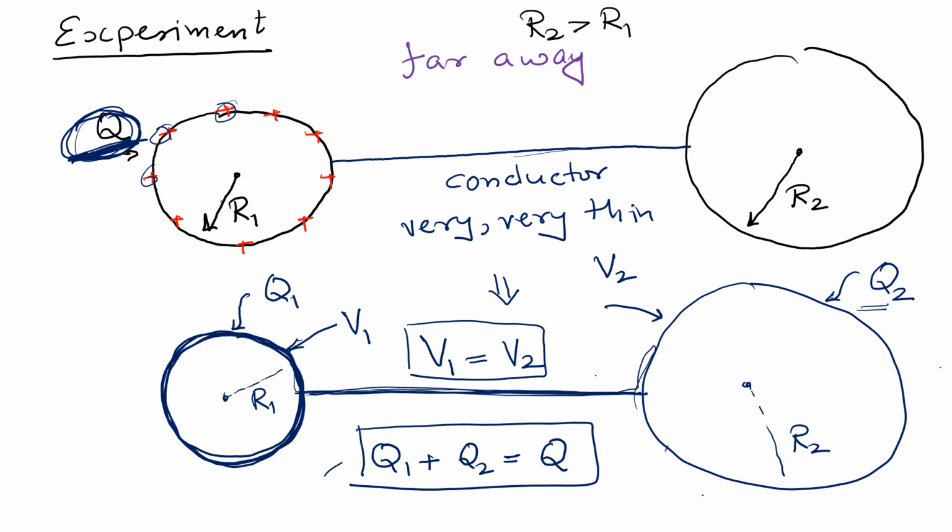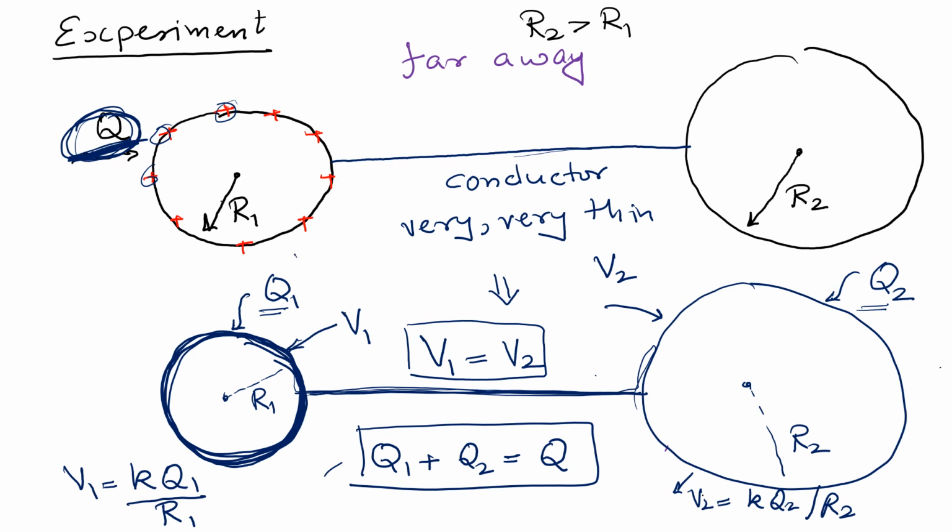The potential on the surface of a sphere with a charge Q1, symmetrically distributed, is simply KQ1, the total charge, divided by the radius of the sphere. So V1 is simply KQ1 by R1 and V2 is KQ2 by R2.